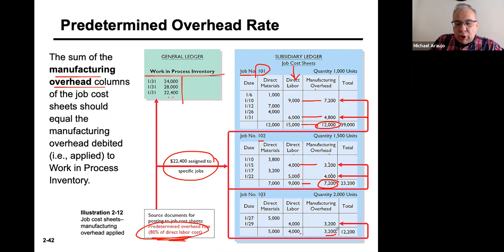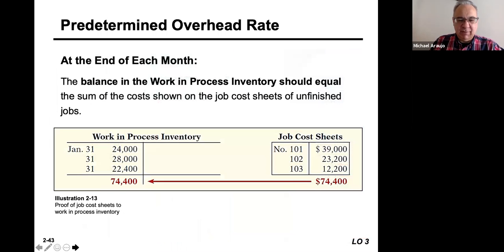So when you take a look at the totals, 3,200 plus 7,200 plus 12,000, you have $22,400 of manufacturing overhead applied to each of these jobs using the predetermined overhead rate. This is good. So at the end of each month, your work in process inventory balance should be equal to all of the costs on those jobs.